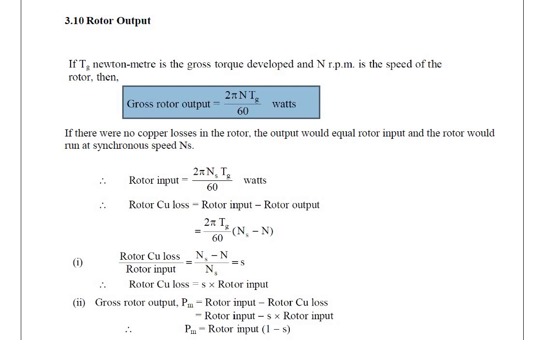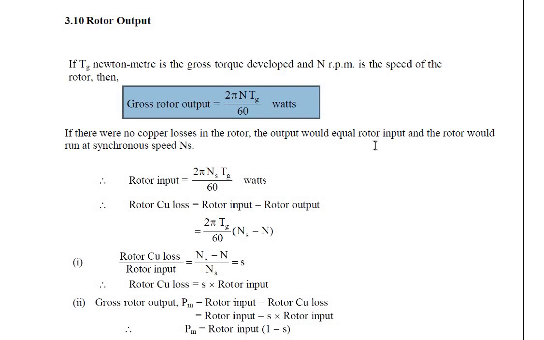If there were no copper losses in the rotor, the output would be equal to the rotor input and the rotor would run at the synchronous speed Ns. But we know that in a three-phase induction machine, copper loss is there.